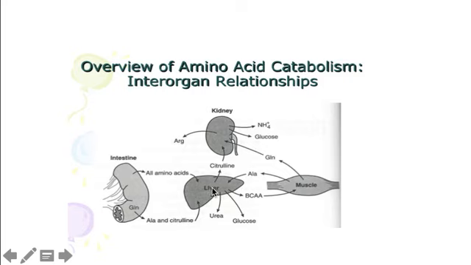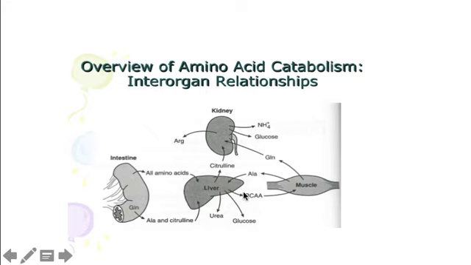Now what happens in the liver? The toxic ammonia is trapped and synthesized as urea. During certain conditions like starvation, glucose is also synthesized from the glucogenic amino acids by gluconeogenesis. And then citrulline enters the kidney.